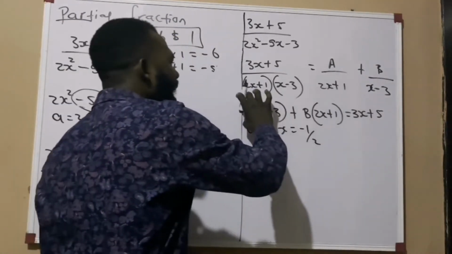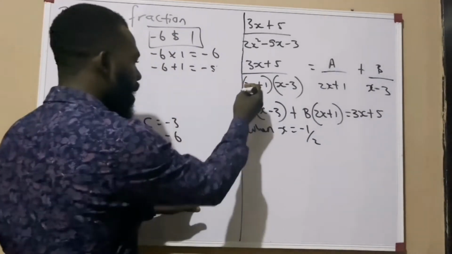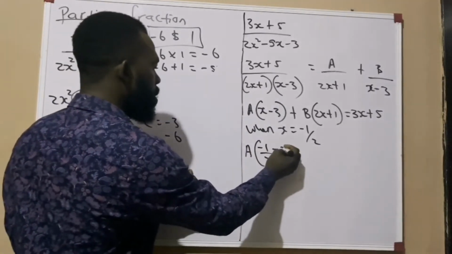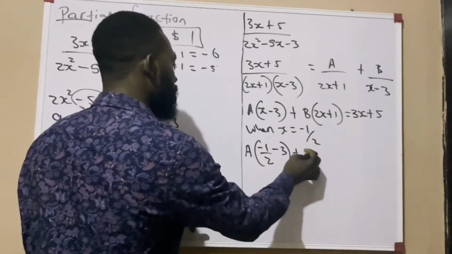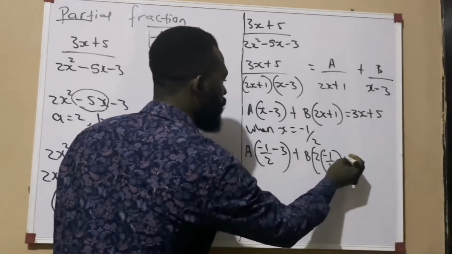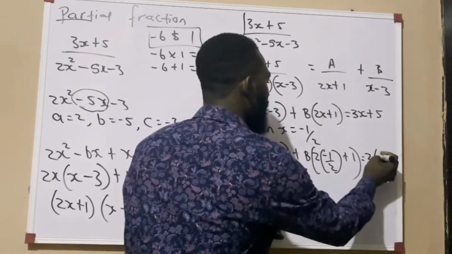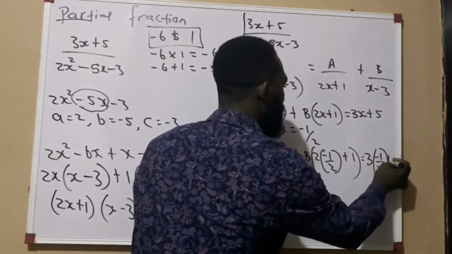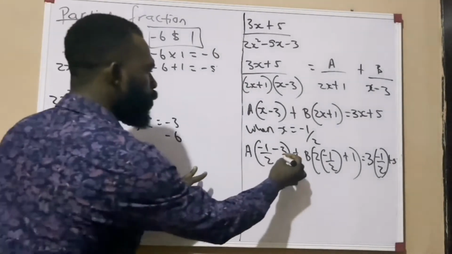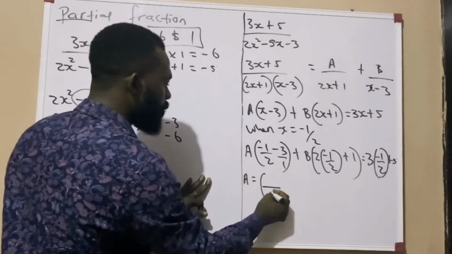So I will come back here. Anywhere I see x, I will give minus 1 over 2. So here becomes A into the bracket of minus 1 over 2 minus 3, plus b into the bracket of 2 bracket minus 1 over 2 plus 1, equal to 3 into bracket minus 1 over 2 plus 5. Okay, now let us see this. If you base here over 1, A becomes, the LCM of 2 and 1 gives us 2.